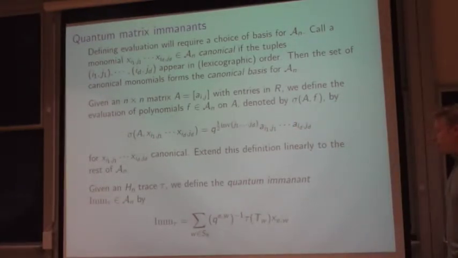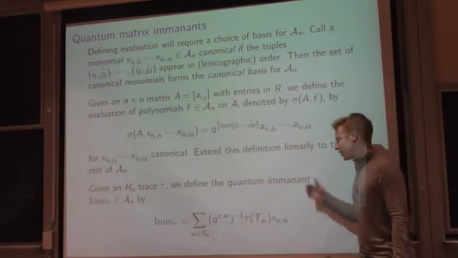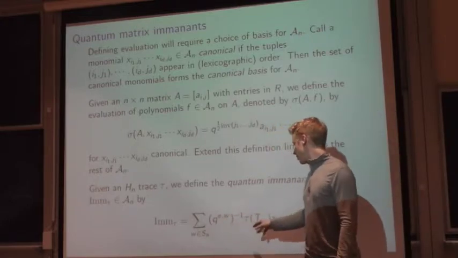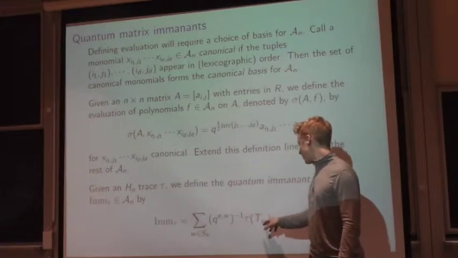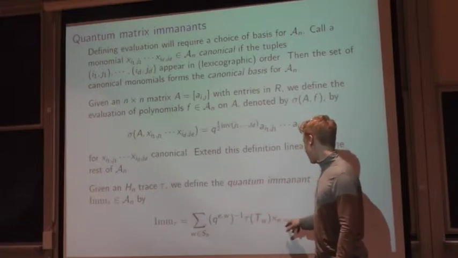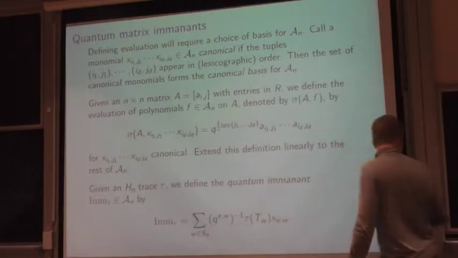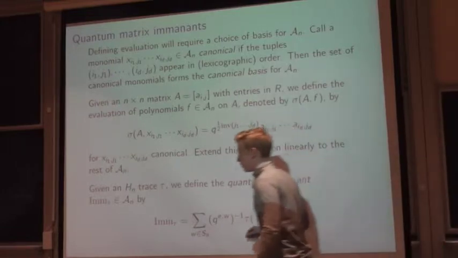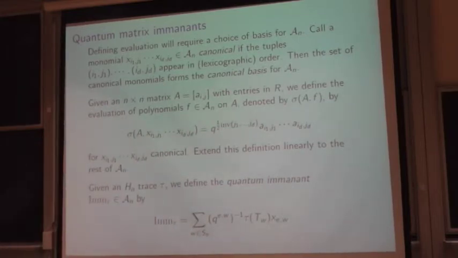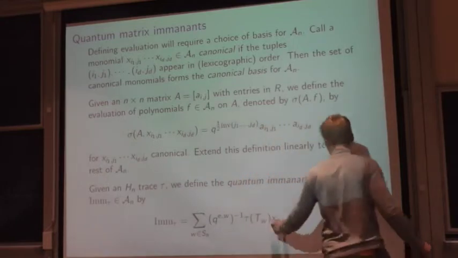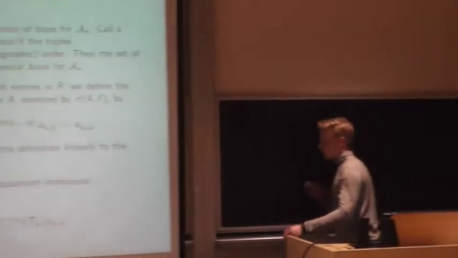Okay, and that's all we need to define a quantum immanant. So, given a chain trace tau, we take almost the same definition. We take the sum over everything in the symmetric group, apply our trace to the immanant, and multiply by the corresponding monomial.